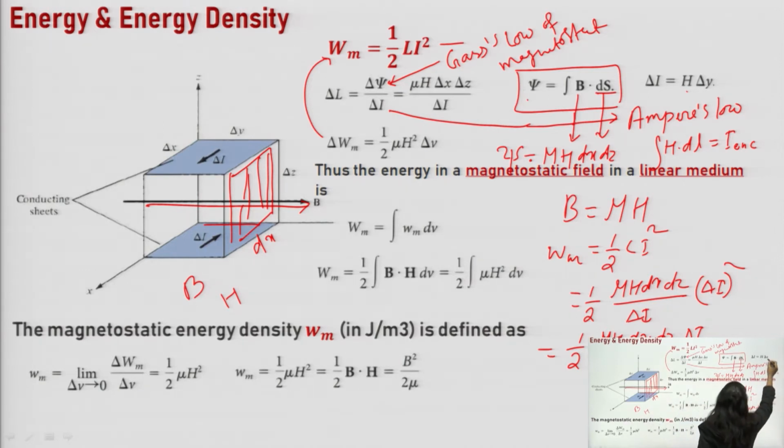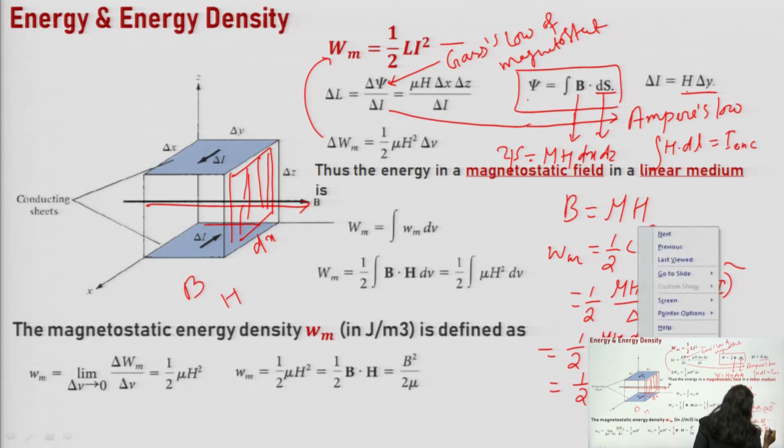So here we have written H dy, this is based on H dot dl equal to I enclosed, and H dy will be equal to delta I. So in place of delta I we can write H dy. So finally this will become half mu H dx dz, and in place of delta I we write H dy.